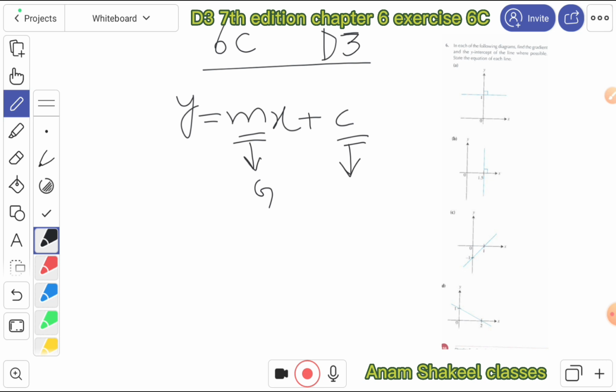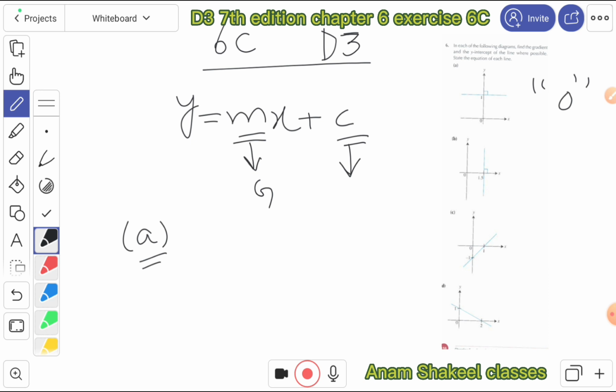So in part A, we can see that the gradient of the line, which is horizontal, is always 0. Horizontal means parallel to the x-axis. At the start of this chapter, we read that when a line is parallel to the x-axis, the gradient of that line will always be 0.